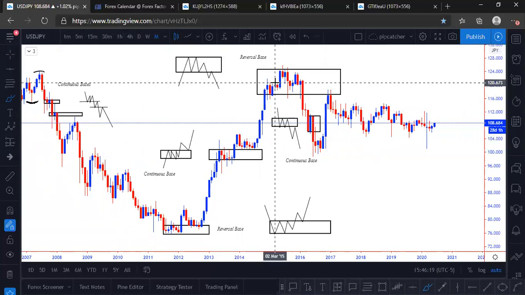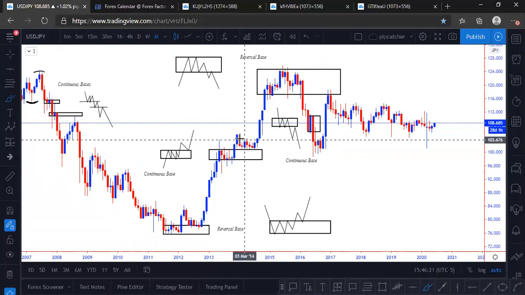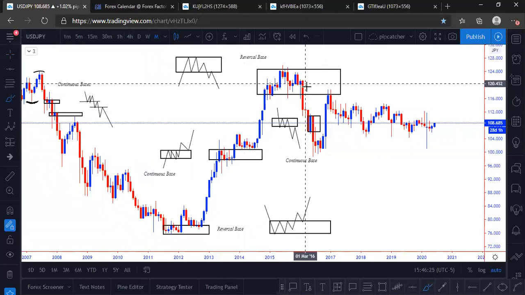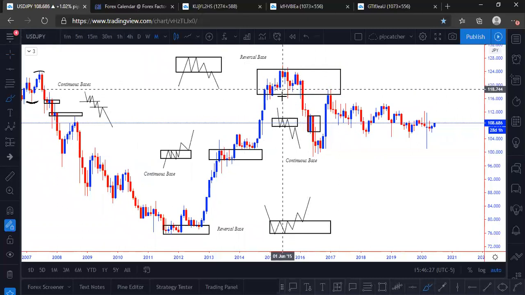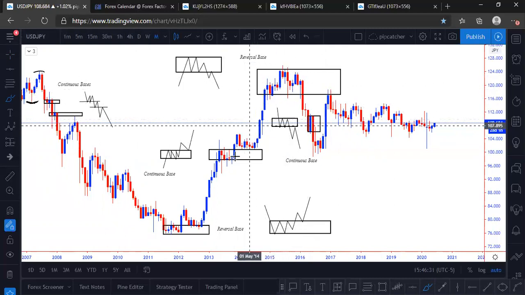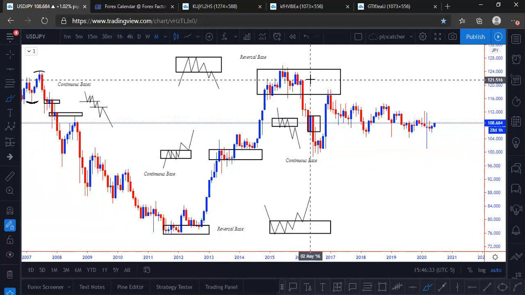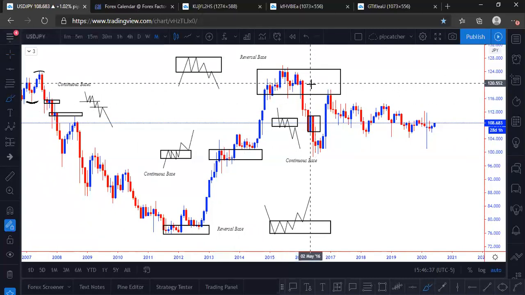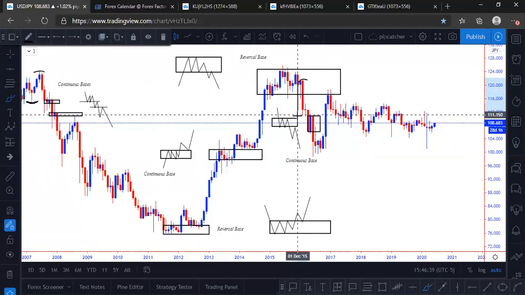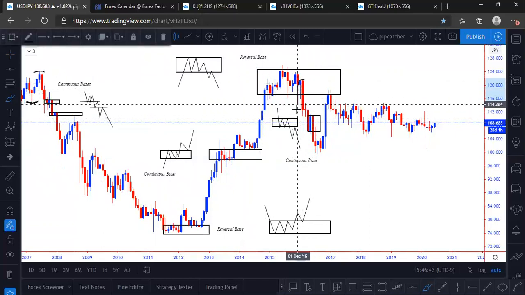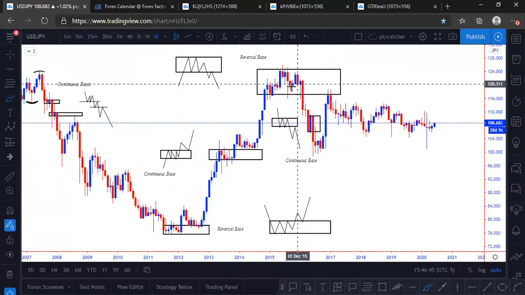Okay, right? So here is a reversal base again up here, right? And what defines this as a reversal base? Why is this a reversal base? Well, what we look for is not only where impulses are at, but what they have gone through from the left, right, from history, right?